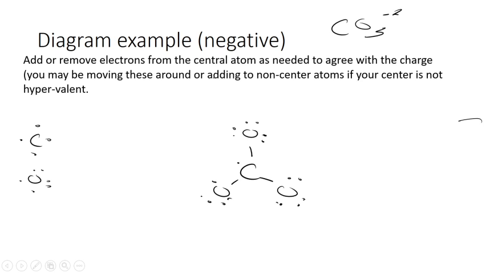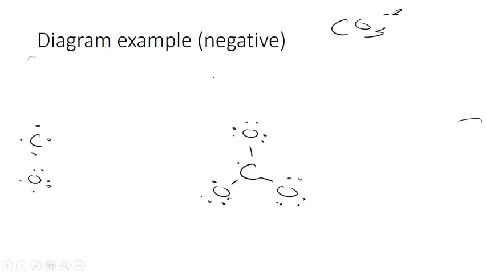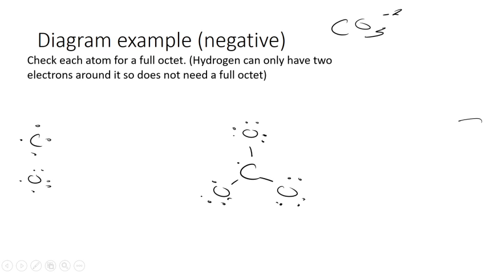So there we go. Next step, full octet. So if we're looking, right, each of these oxygens, 2, 4, 6, 8, all right, so this oxygen, they're all set. Carbon though, we've got 3 bonds, so that's 6 plus 7, not good.